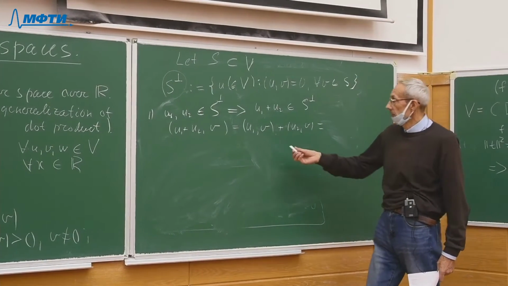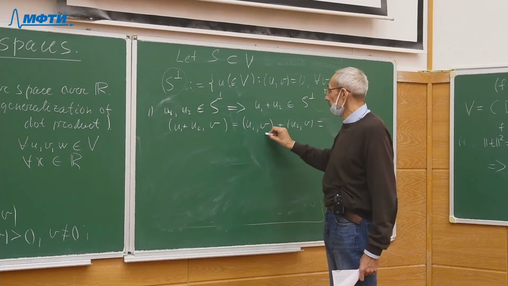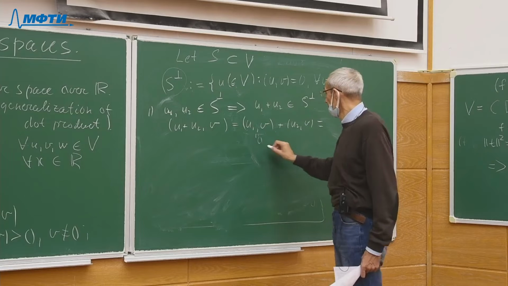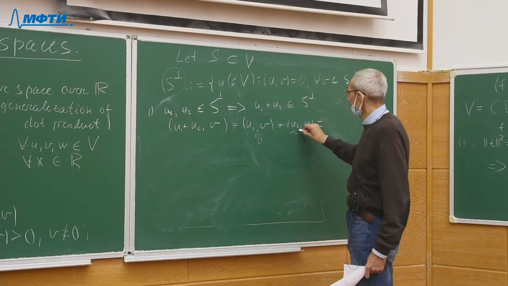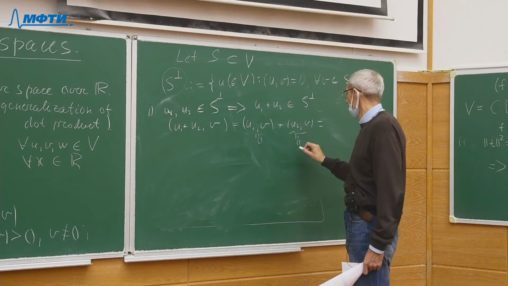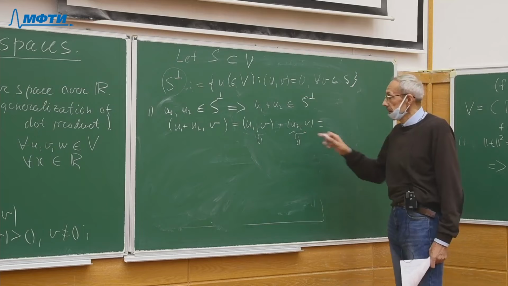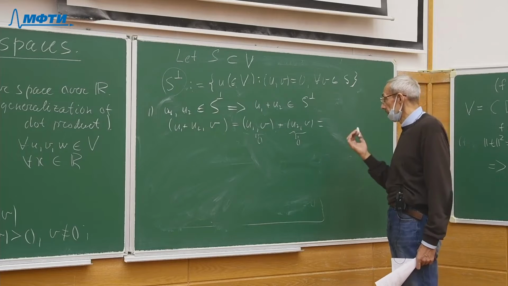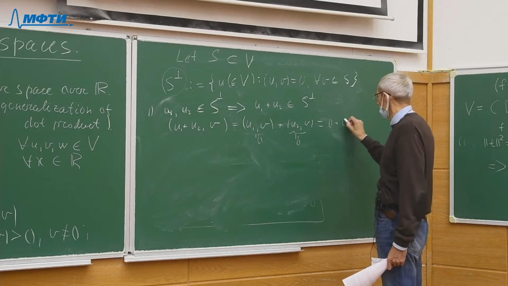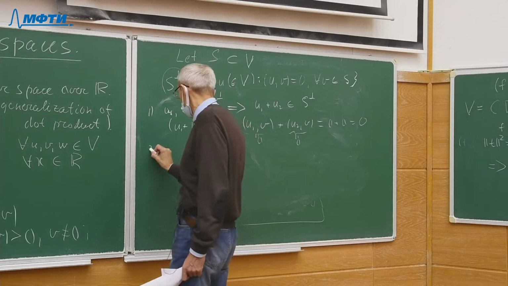But by definition, u1 belongs to S perpendicular, which means this scalar product is equal to 0, and u2 also belongs to S perpendicular, so the second scalar product is also equal to 0, and we obtain 0 plus 0 is equal to 0. And we checked this property.